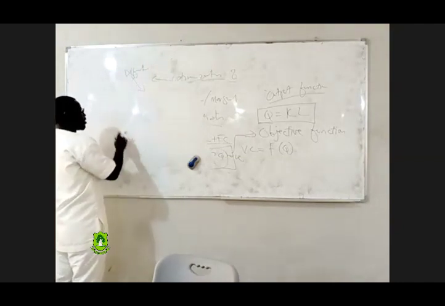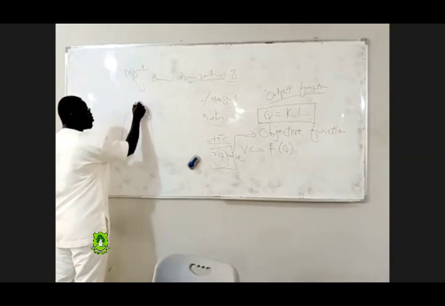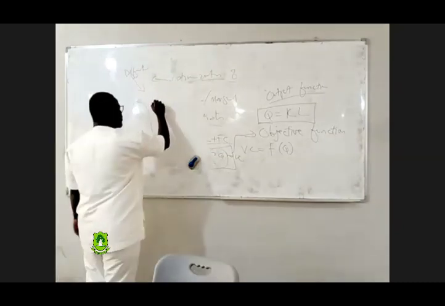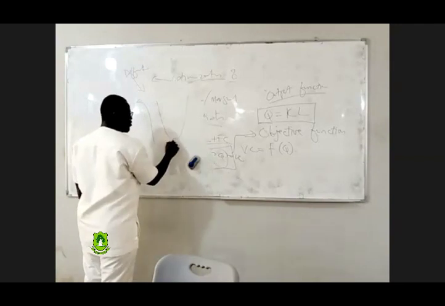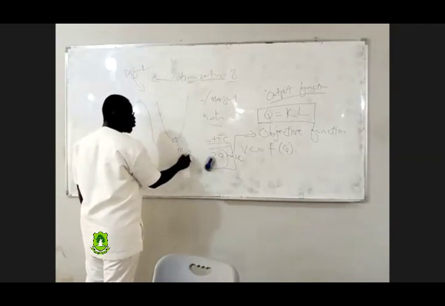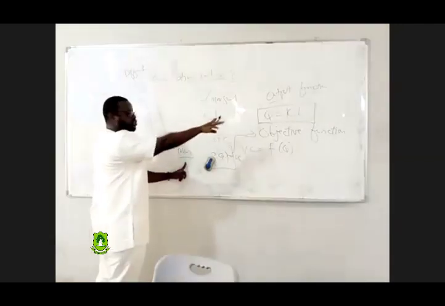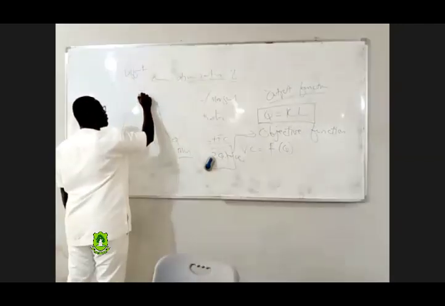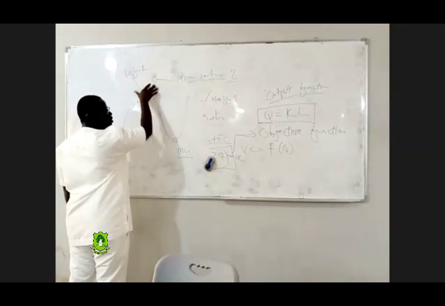So you are talking about a certain maximum point, or a certain minimum point. We are looking at the minimum point, that's minimization, or the maximum point, or maximization.